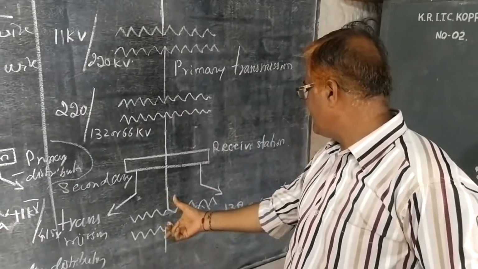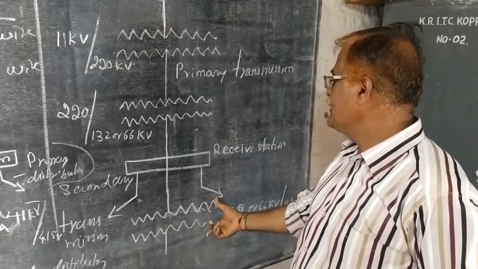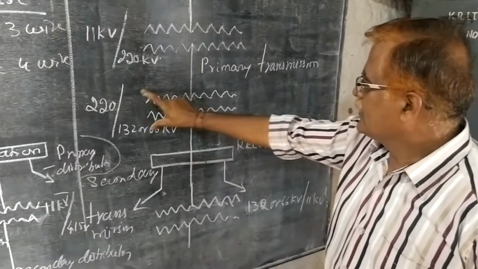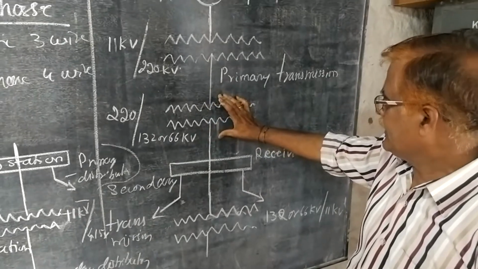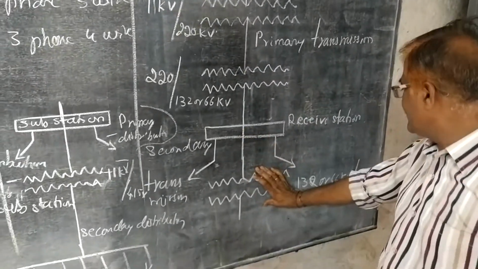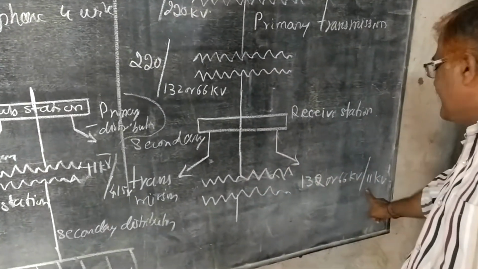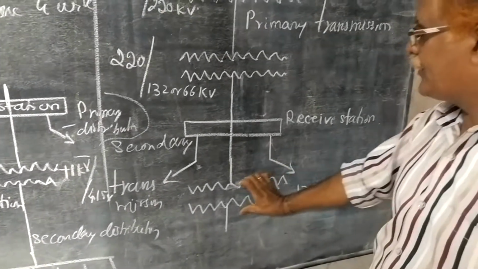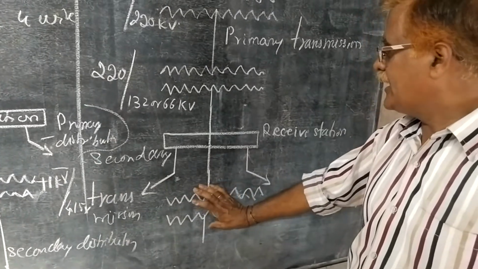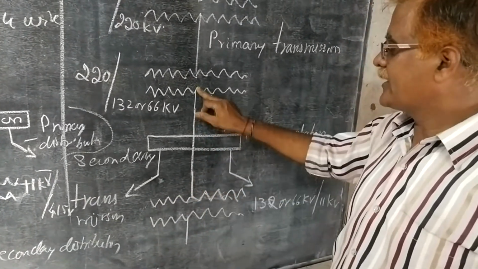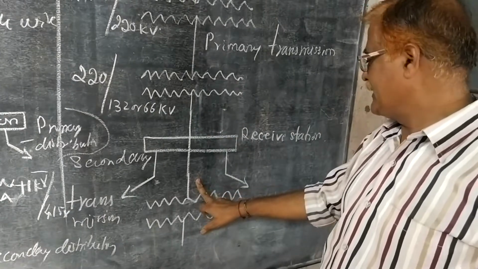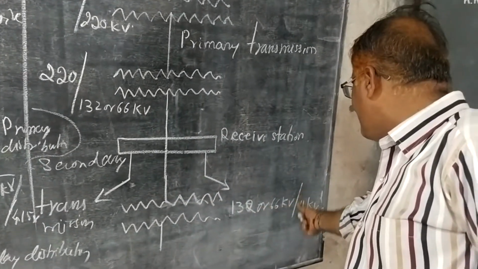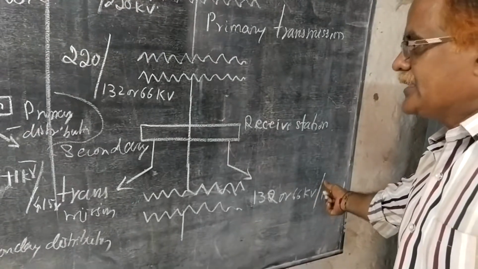Here the voltage is stepped down again: 220 to 132, and here 132 to 66 or to 11 kV. Up to here, this is the secondary transmission.